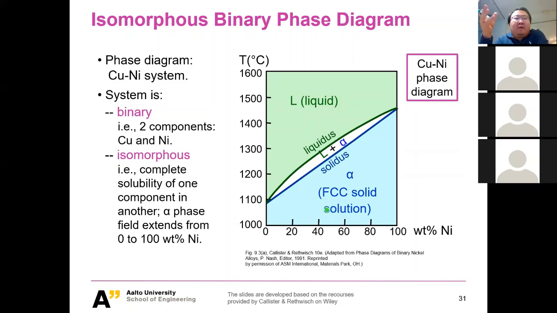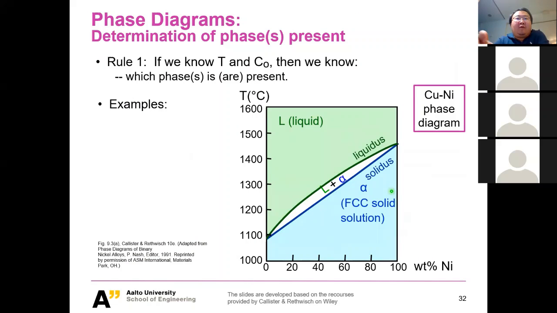And isomorphous means your 2 components can be fully soluble in each other, so your phase extends from 0 to 100%, either liquid or solid. That is easy to understand.